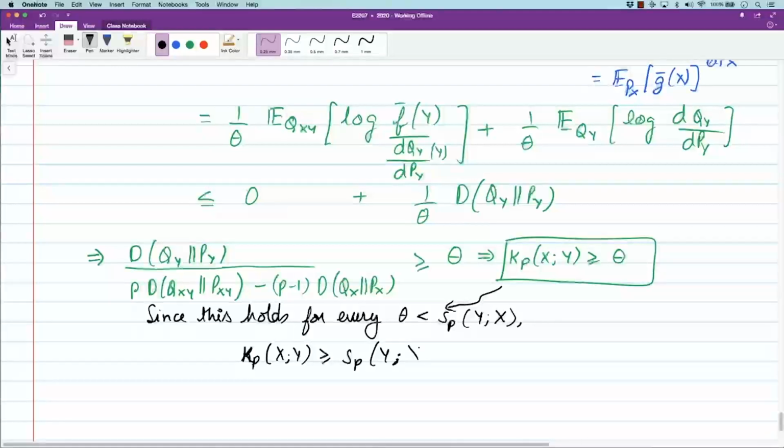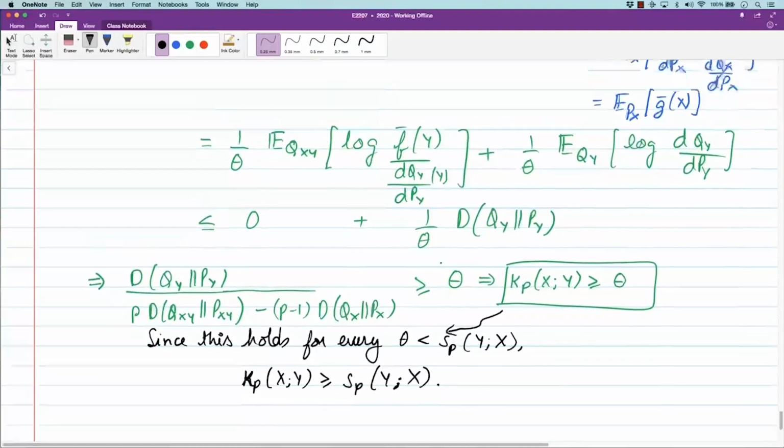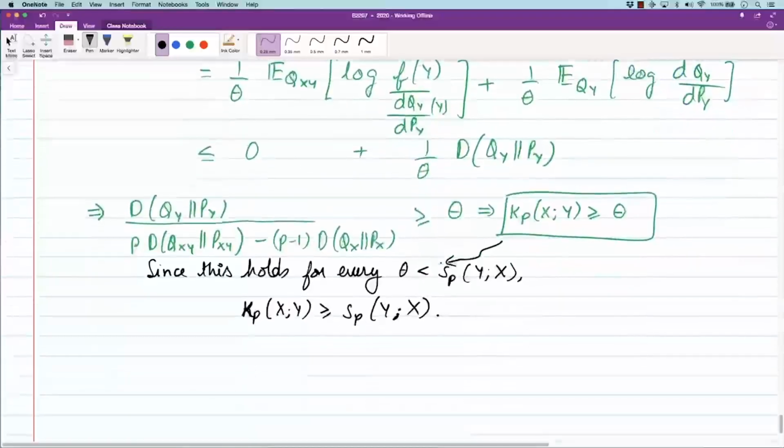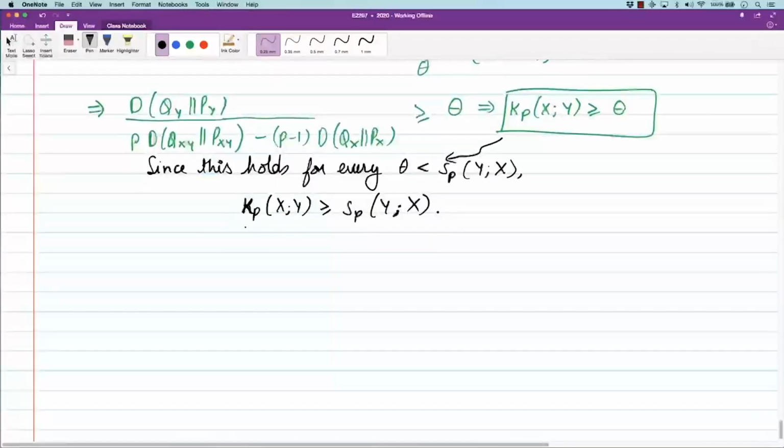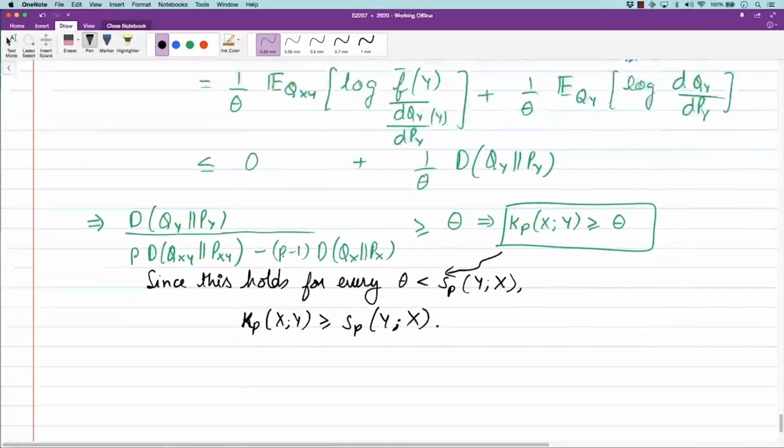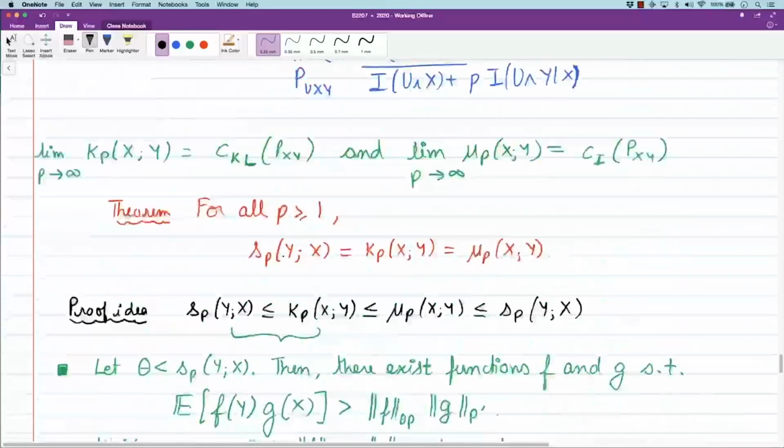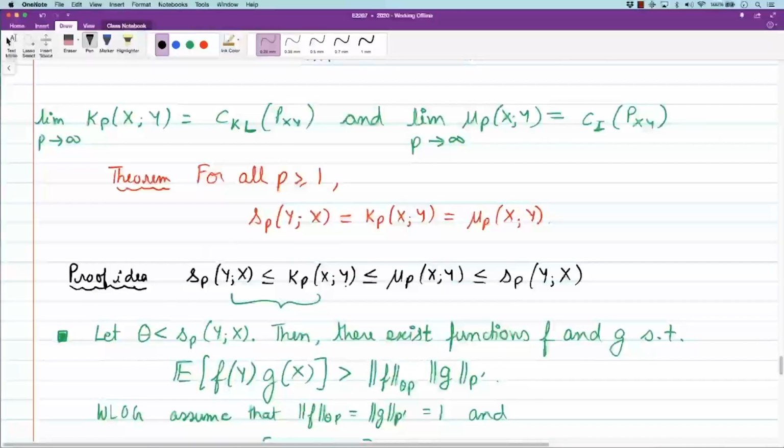Okay, this is almost a complete proof. We have treated some sup as max and so on and so forth. In fact, we use max in the definition of kappa p. Should have used sup if you wanted to be more careful. All right. So we have shown this inequality here.